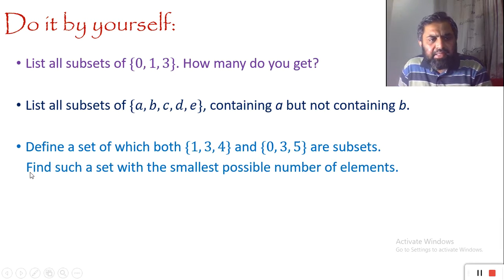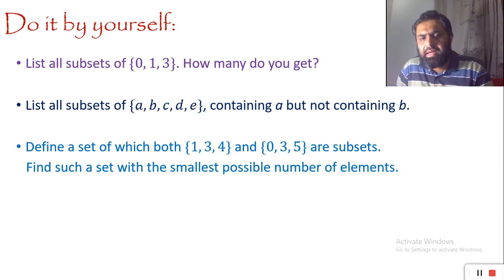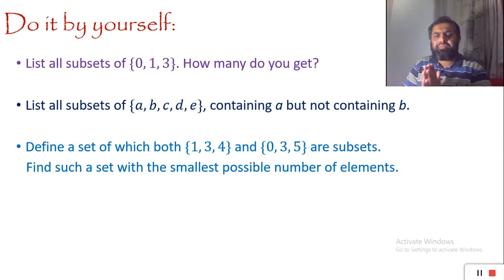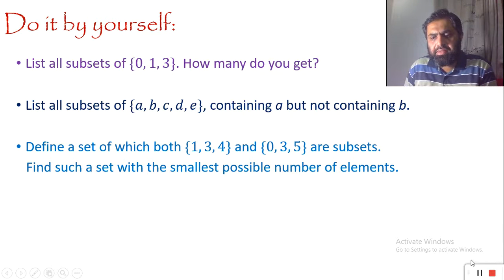Then the second condition: find such a set with the smallest possible number of elements. Now we cannot put additional elements at will. We have to keep only the elements of the given sets, so just take the union of both. It will be 0, 1, 3, 4, 5. This is the minimum possible set of which both 134 and 035 are subsets.